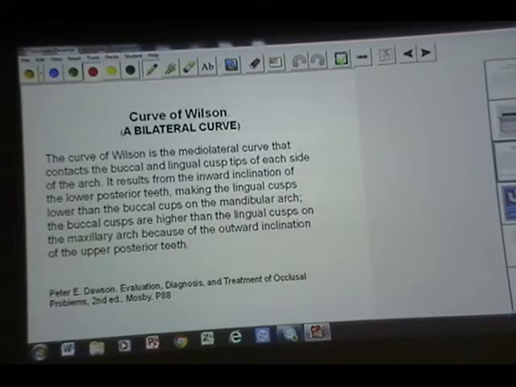In the mandible, the buccal cusps are tipped more lingually. The buccal cusps of the maxilla and the buccal cusps of the mandibular dentition are really the teeth that most of the chewing is done. The lingual cusps are basically just something that helps to hold that position on the surface of the tooth.